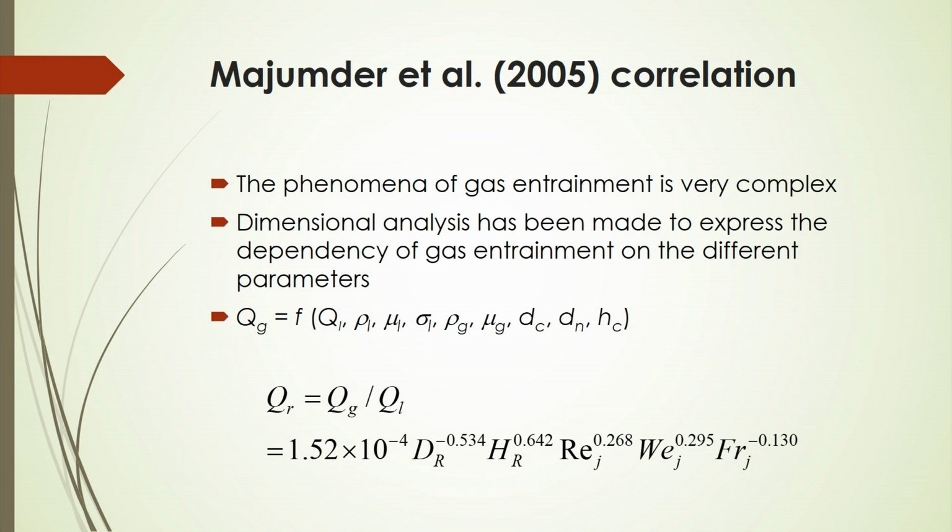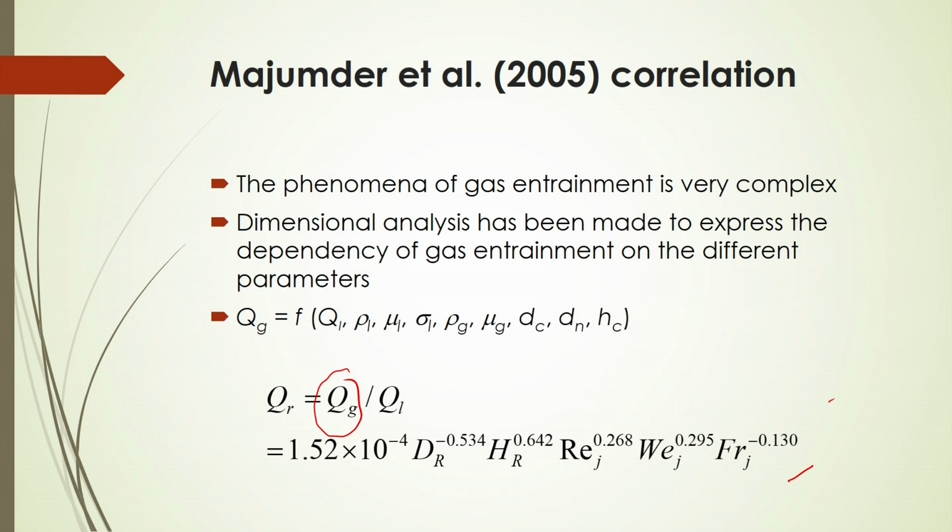Here, as shown in this slide, QG is the volumetric rate of gas entrained in the column, and QL is the volumetric liquid flow rate, which is allowed through the rotameter and the nozzle, creating the liquid jet.